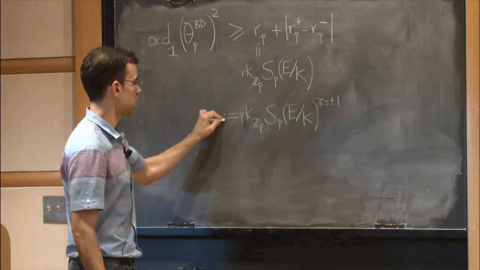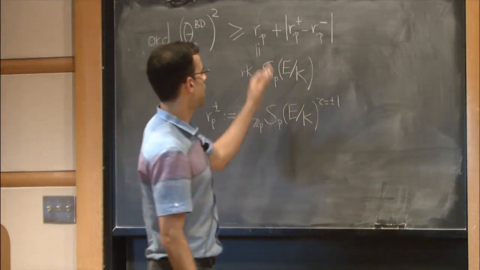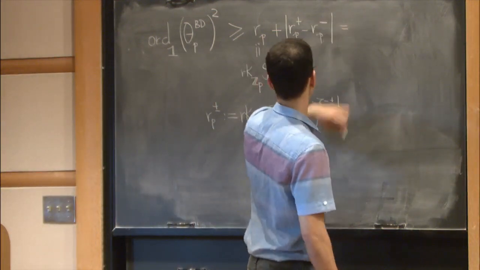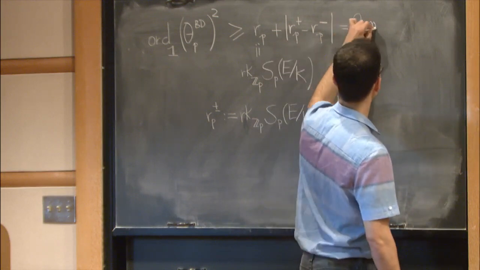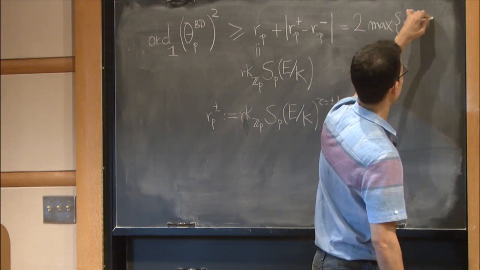So that's what I'm denoting R_p plus and minus, and this is nothing but twice the maximum of R_p plus and R_p minus.